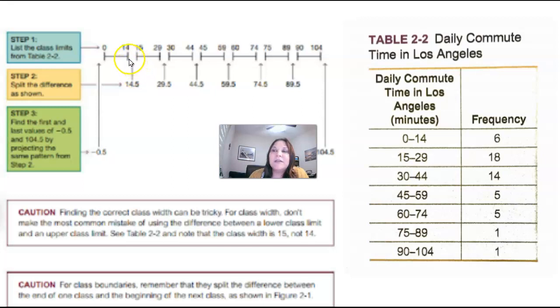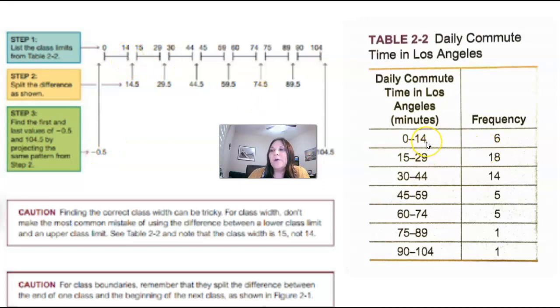If you're trying to calculate them, as the textbook is showing you, you split the difference, beginning with the difference from the first lower class limit and whatever increment you need to get between the two classes.